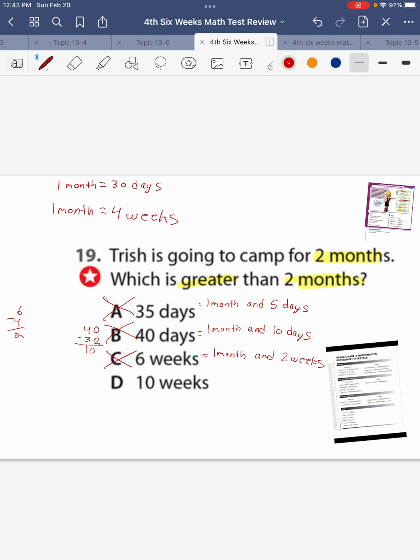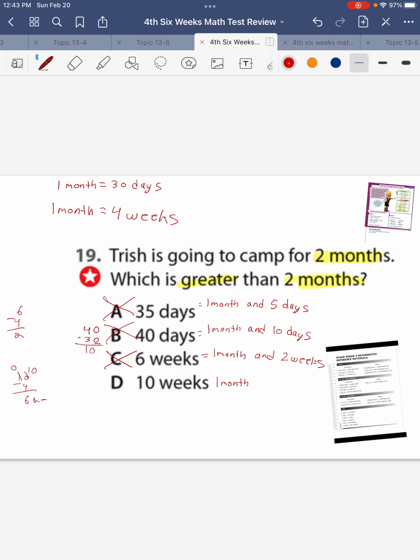Okay, let me do D. So I have 10 weeks. I'm going to go back to my prior knowledge. I know 1 month is 4 weeks. Okay, so I know for sure this has a month in it. Okay. So if I have 10 minus 4, I have 6, okay?